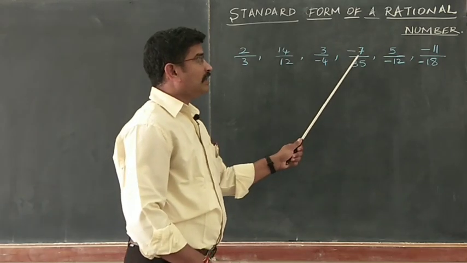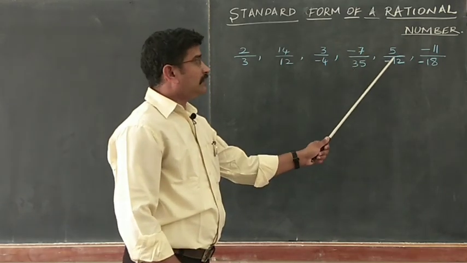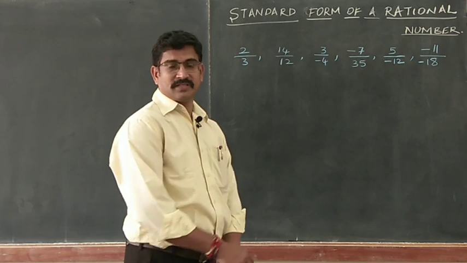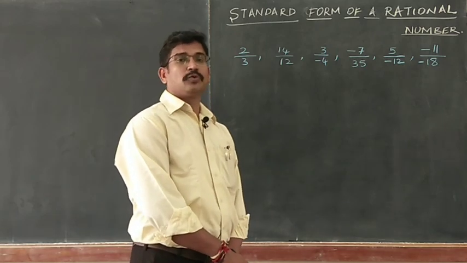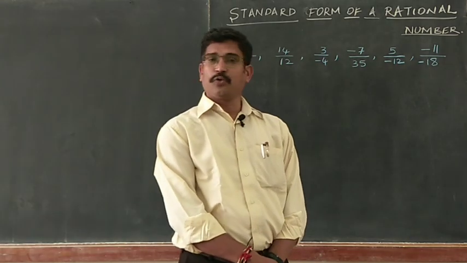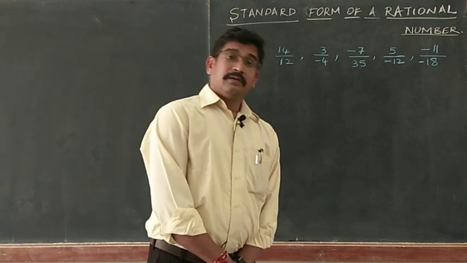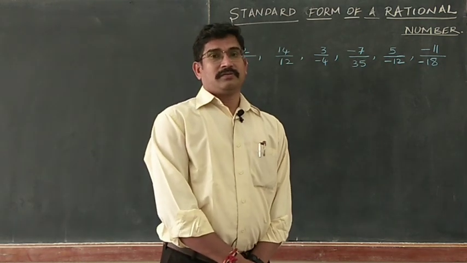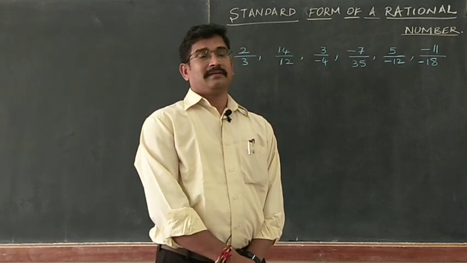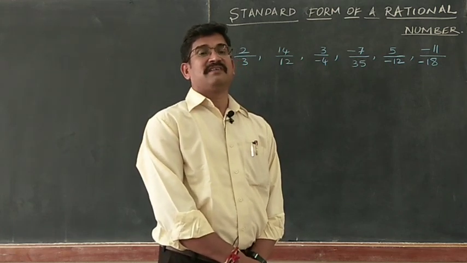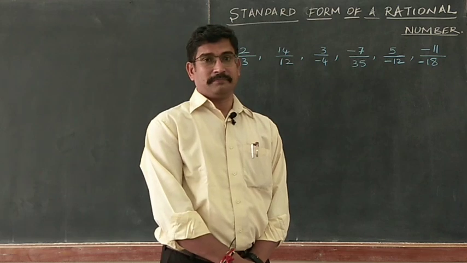Either the numerator is negative or the denominator is negative. This is what we learnt to call negative rational numbers. Children, taking this knowledge, we will sum up the meaning of standard form of a rational number.